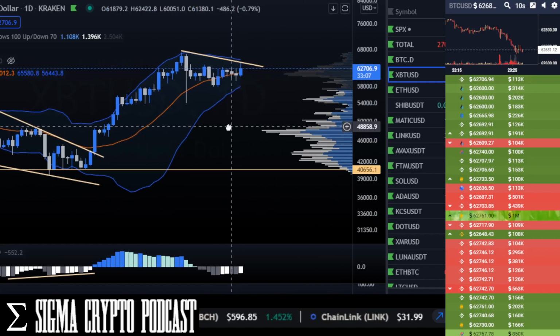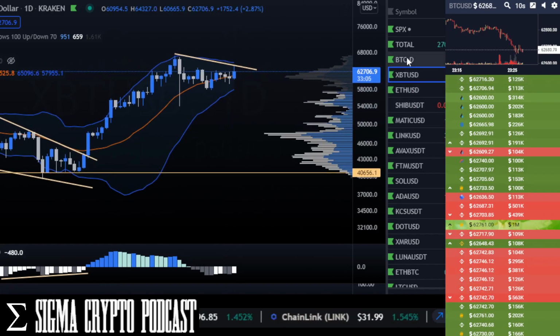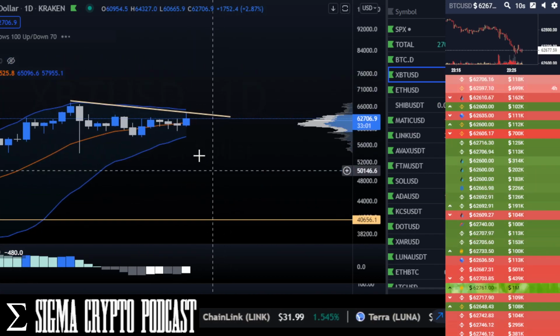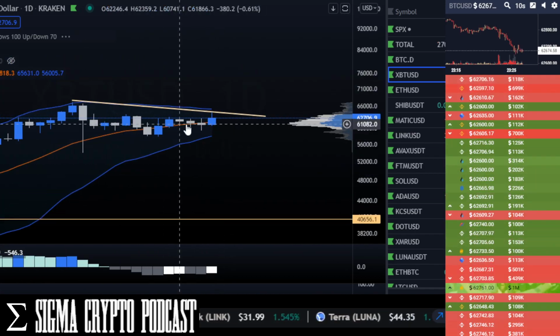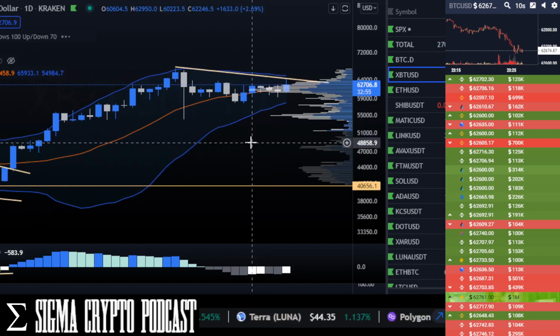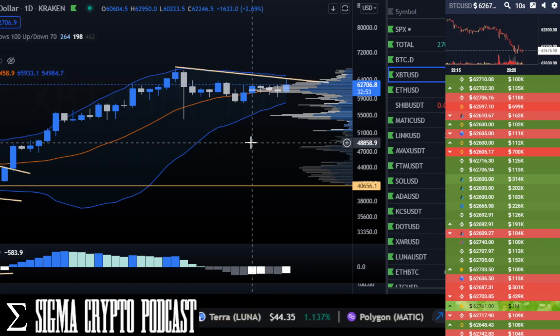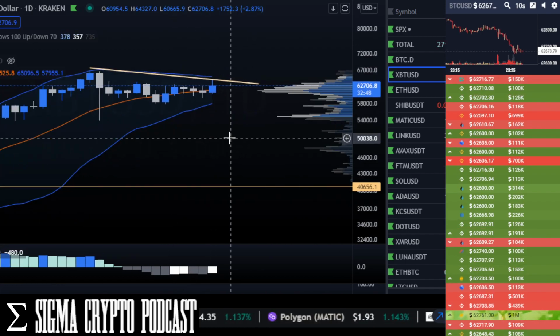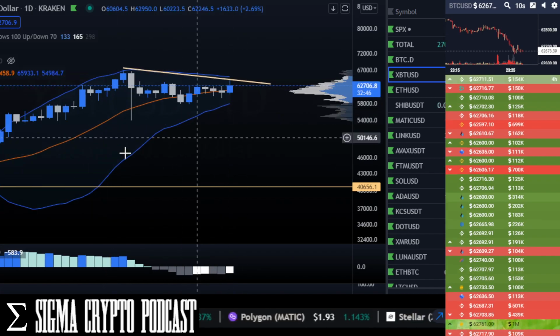Especially when a range is tightening, like on Bitcoin. See how this range here is tightening, right? The whole idea is the bands tightening, and then what happens when bands tighten? They snap.